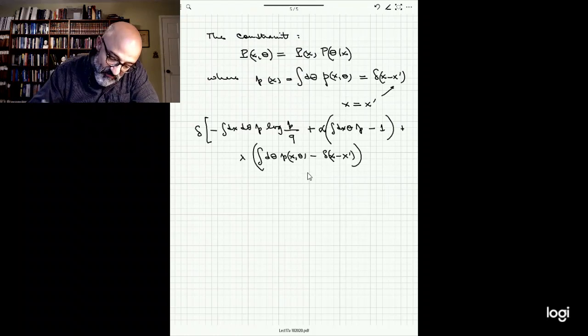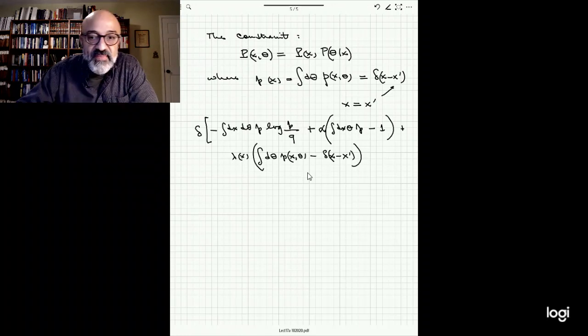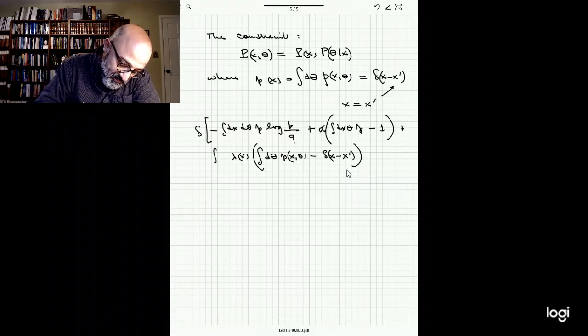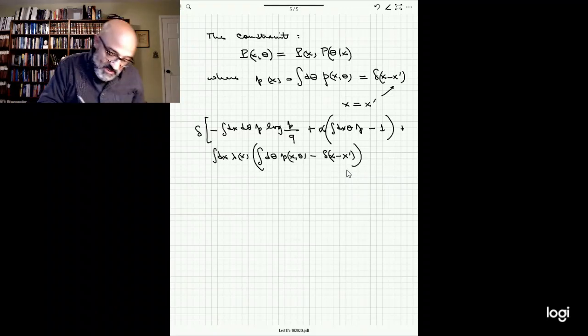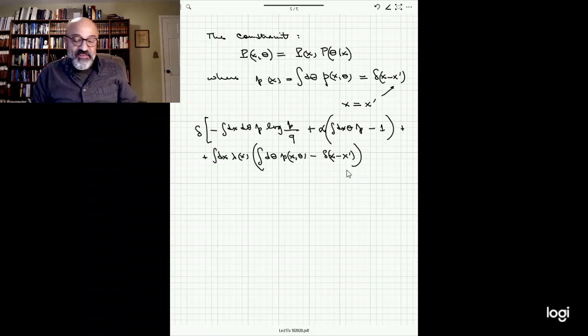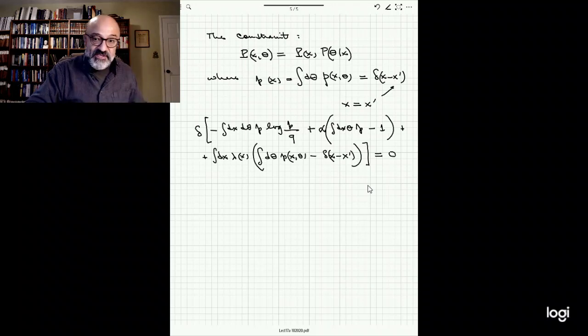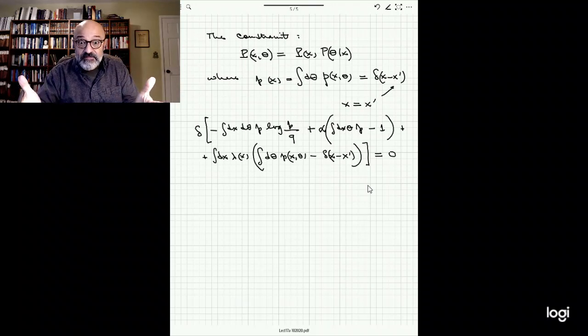And so for each constraint, I have to introduce one Lagrange multiplier, and I have many of them. So this is what the full constrained maximization is going to look like. Close that, set that equal to 0, and we're done.